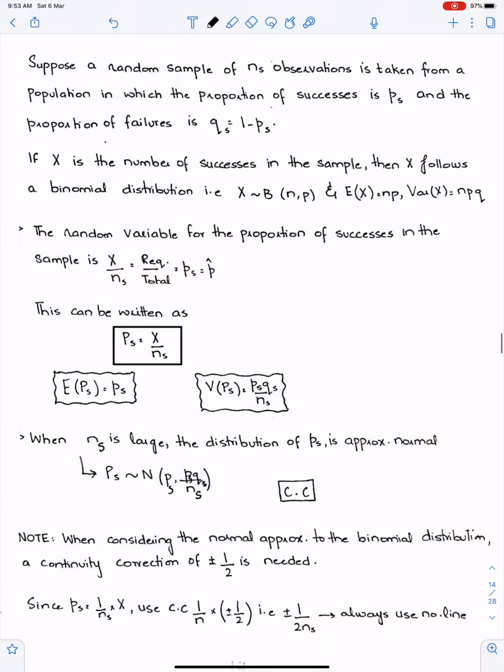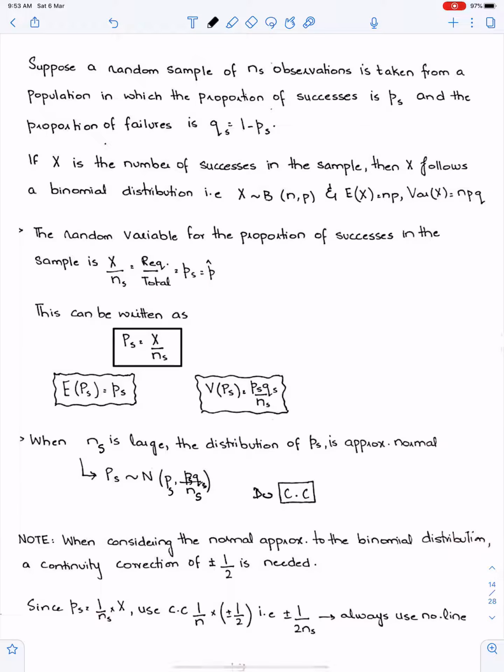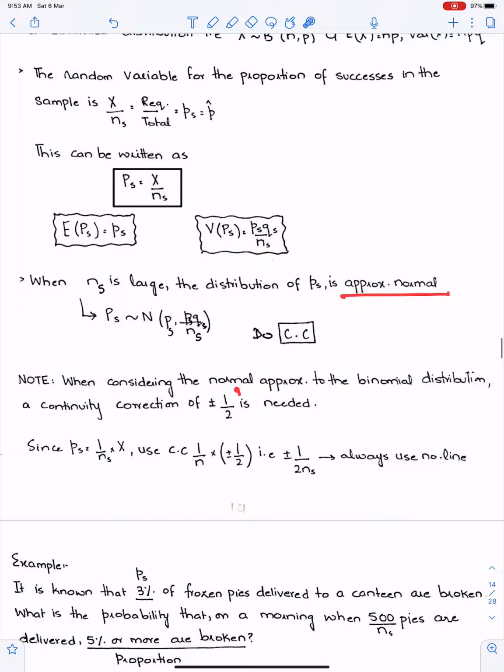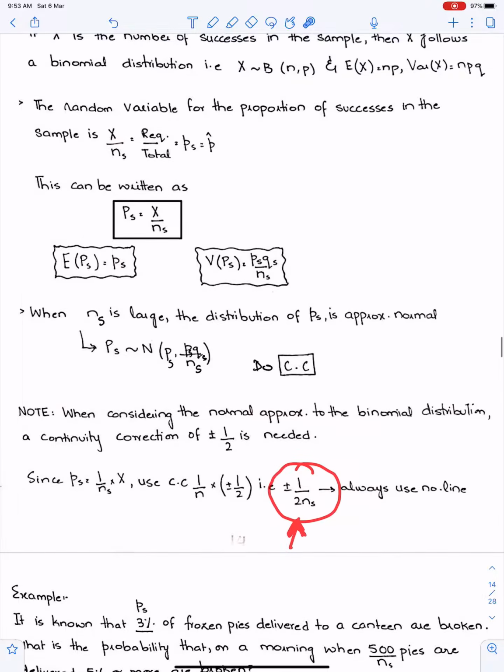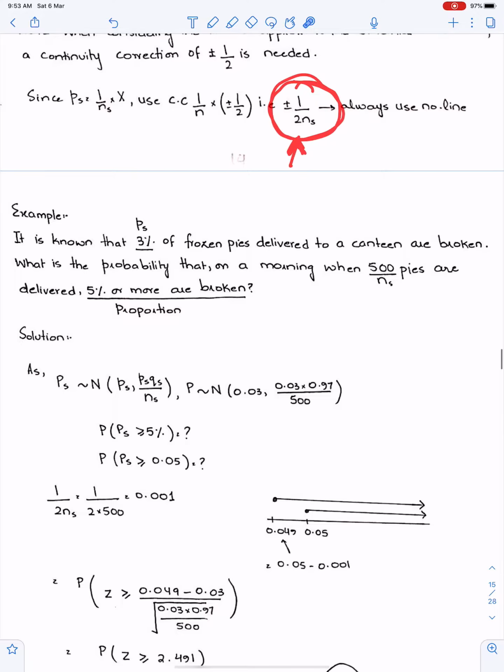And you have to do continuity correction because you are using normal approximation here. Whenever you use normal approximation, you have to do continuity correction. And this is the formula of the continuity correction, plus minus half, plus minus 1 upon 2ns. With the help of this formula, we can do the continuity correction. We can understand this through this example.